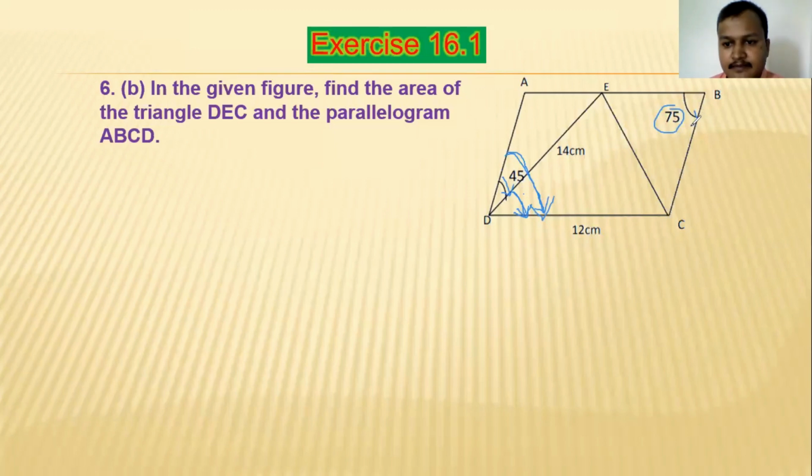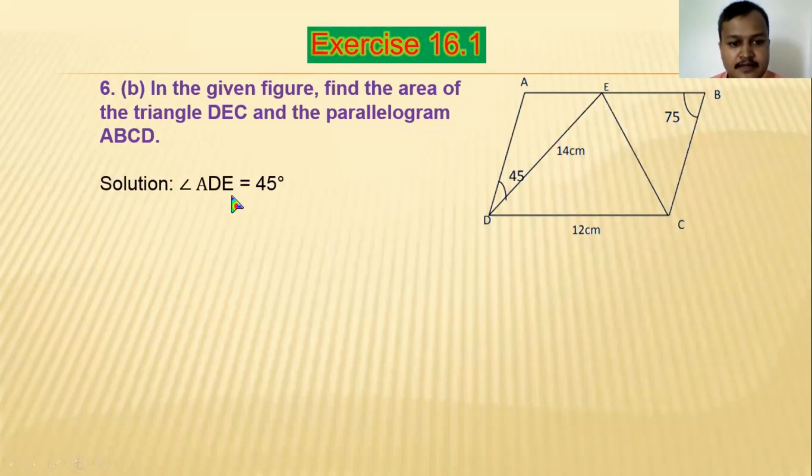B is 75, and in a parallelogram, opposite angles are equal. To make it equal, there is already 45. 45 plus 30, total it will be 75. If we know angle EDC is 30 degrees, we can find the area of the triangle, and after that we can calculate the area of the parallelogram also.